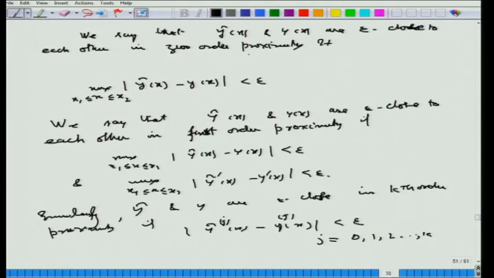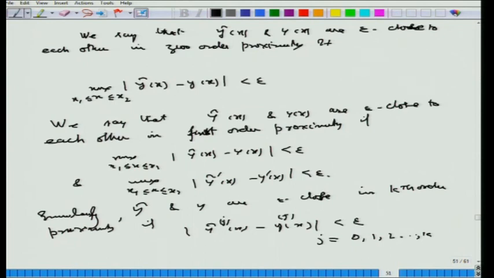This order of proximity we define in the following manner: y tilde(x) and y(x) are epsilon close to each other in zero order proximity if the maximum, for x1 less than or equal to x less than or equal to x2, of the absolute value of y tilde(x) minus y(x), that is the difference between ordinates, is less than epsilon for all x in the interval. So, we take the maximum of all these differences of ordinates, and they should be less than epsilon.